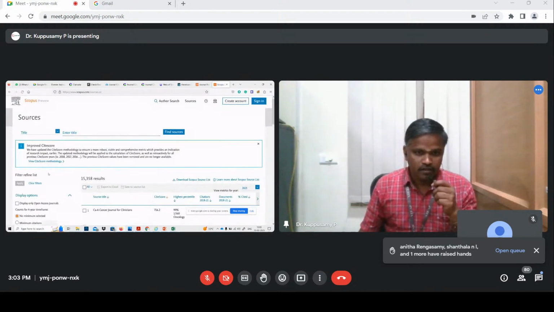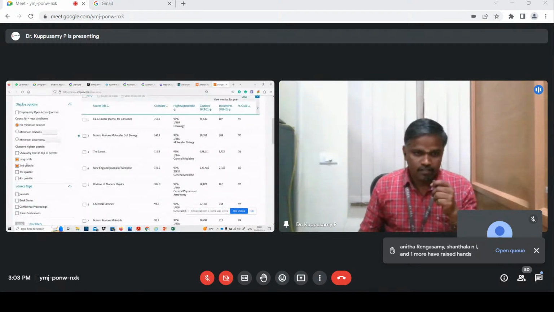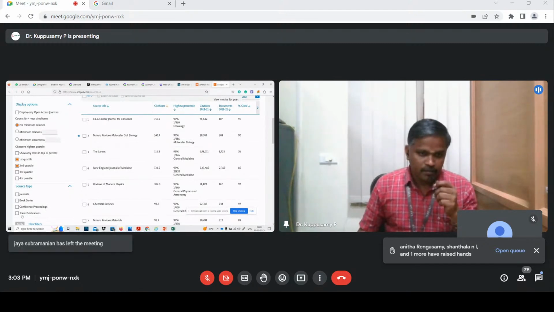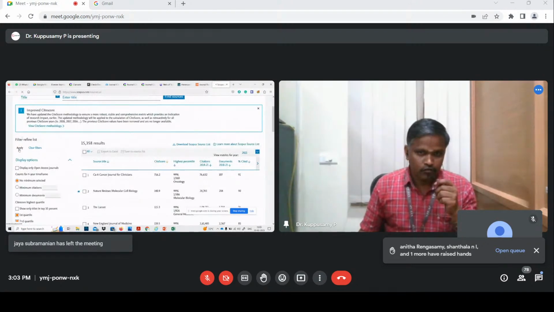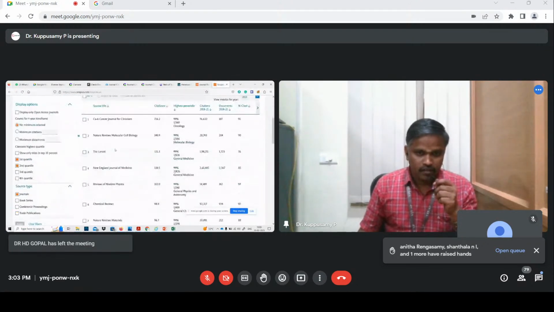So you look at here, this is only first quartile and second quartile journals. Then again, whether this particular title is a journal or book series or conference proceedings or trade publications, you can select the journal, then you can apply the filter, you will get it. Okay, look at here, we got only the journals.